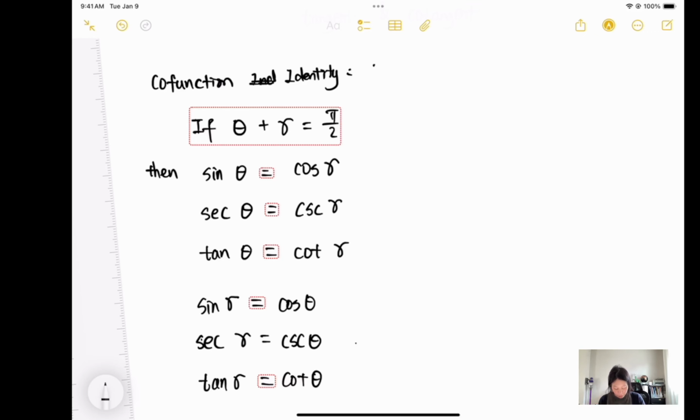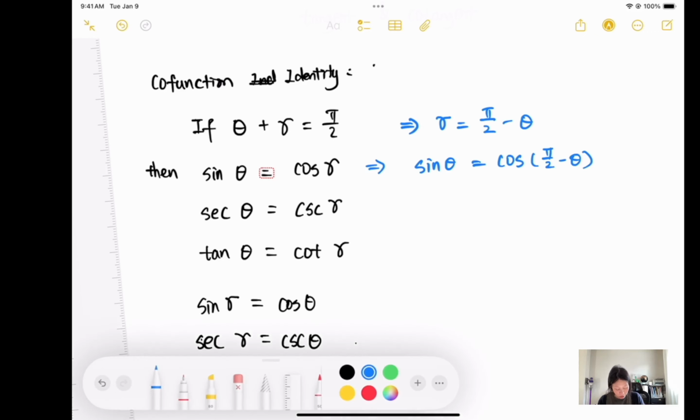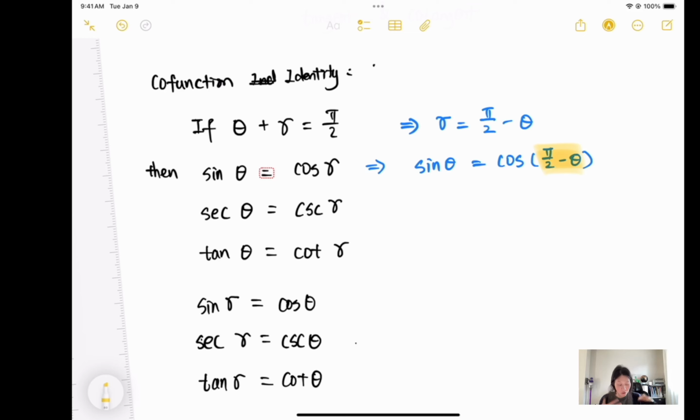Another way that we can think about it is, if theta plus gamma is equal to half pi, then gamma is equal to pi half minus theta, right? So if sine theta equals cosine gamma, I can rewrite it as sine theta equals cosine of pi half minus theta, because this part is equal to gamma.